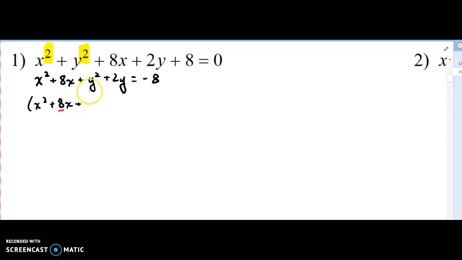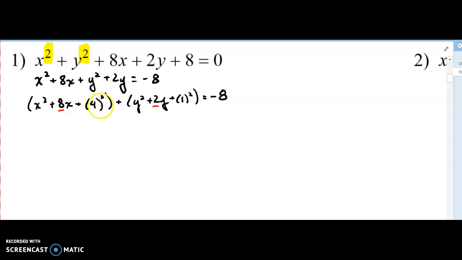So that's going to be positive 4 squared, and I'm always going to write it as half squared, and I'll explain why in the next step. And then let's do the same thing for y squared, so y squared plus 2y, and then I'm going to take half of this coefficient, so that's going to be plus 1 squared equals negative 8.